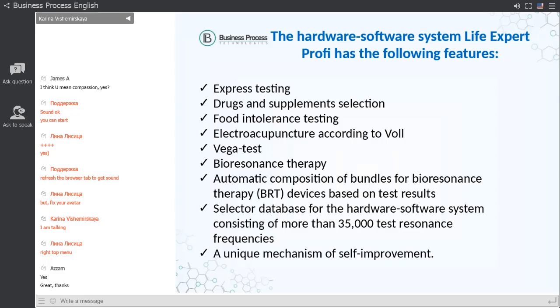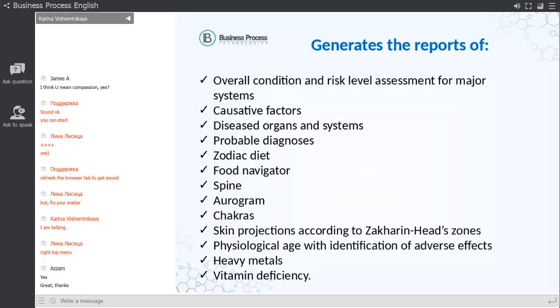Apart from express testing, you can do drugs and supplement selection, food intolerance testing, electroacupuncture according to Voll and Vega test, bioresonance therapy. And this mechanism has a unique self-improvement system. The more tests you do, the more accurate and better results you will get every time. So it's very useful to have a big database of patients in the diagnostic, and this way to improve the application.